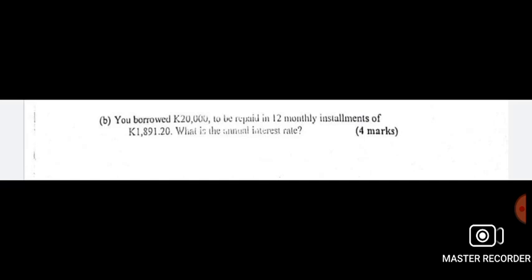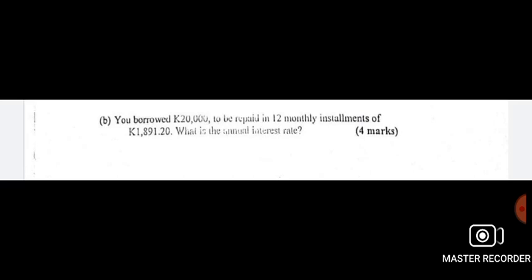You'll be paying this back in 12 monthly installments, so it's compounded monthly. When you compound monthly, your periods change, and you're now looking at 12 periods. So even when you go to your PVIF table, you should look for period 12. That's the one you go for.